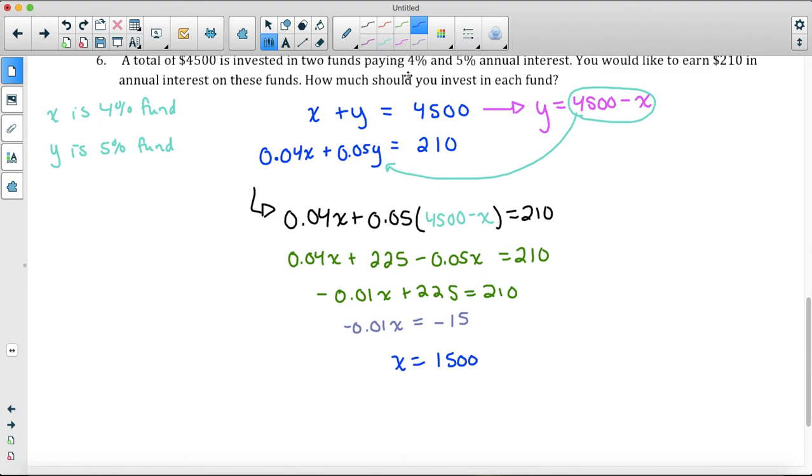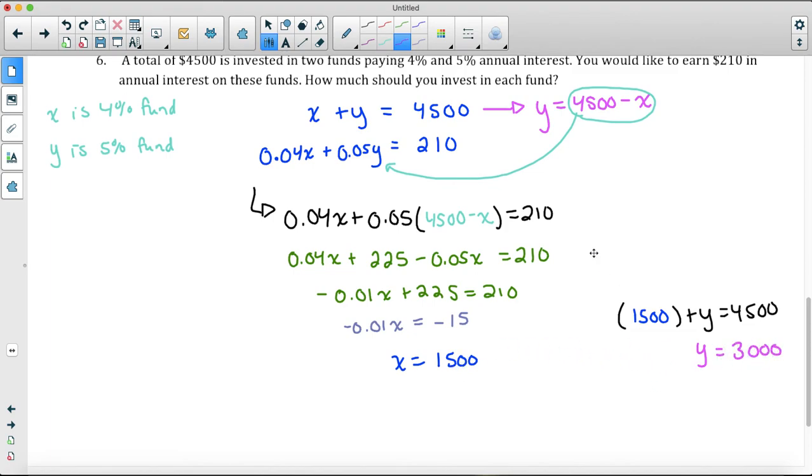So to find the 5% fund, we take this value and substitute it into one of the original equations. I'll plug it into my first one. So we'll have x, which is 1,500, plus y is equal to 4,500. To solve for this, we'll just subtract the 1,500 and we'll have y is equal to 3,000.